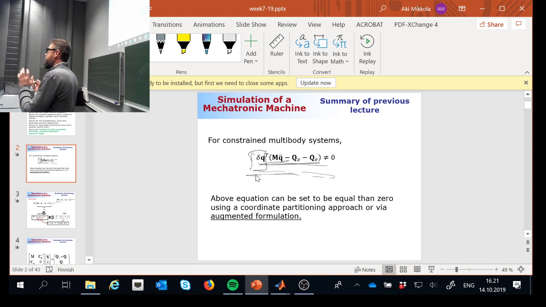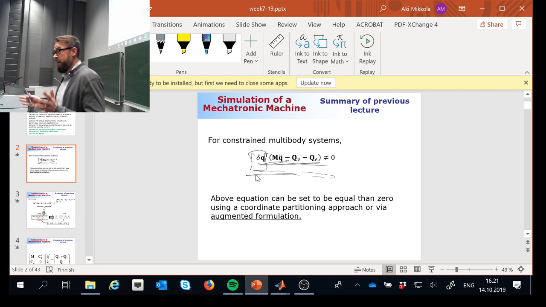And now generally speaking, we have two different ways to account for the constraints. And we learned last week the one way that was based on augmented formulation. Augmented formulation means that we are adding the constraints to the original equation with the help of Lagrange multipliers. So that's one way to do it.